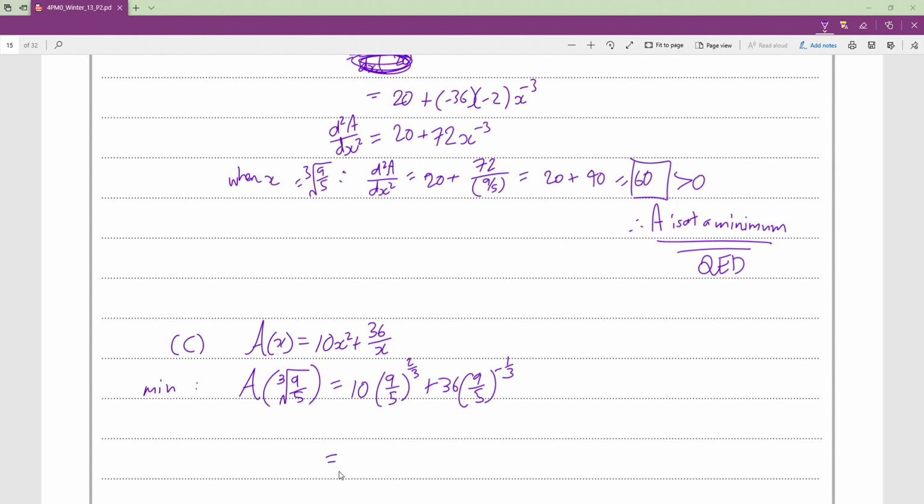We can, again, put this into the calculator and it will give us a numerical answer. Let's see how it goes.